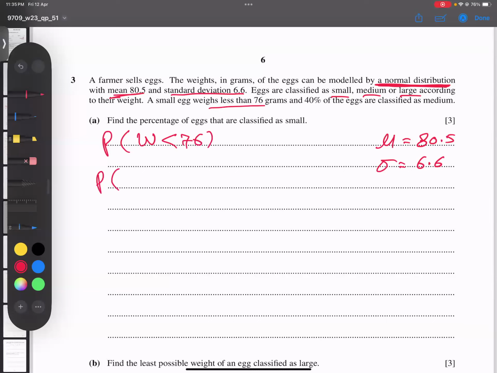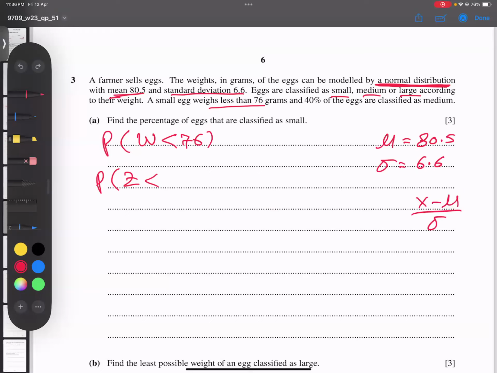Okay, and what is the formula we have? If we want to convert this W into Z, because this is not available in the table, how can we convert it, students? The formula we have here is X minus mean divided by deviation. The mean is given, the deviation is given here.